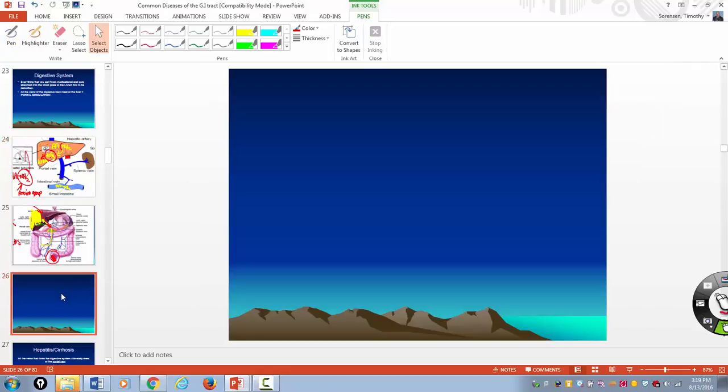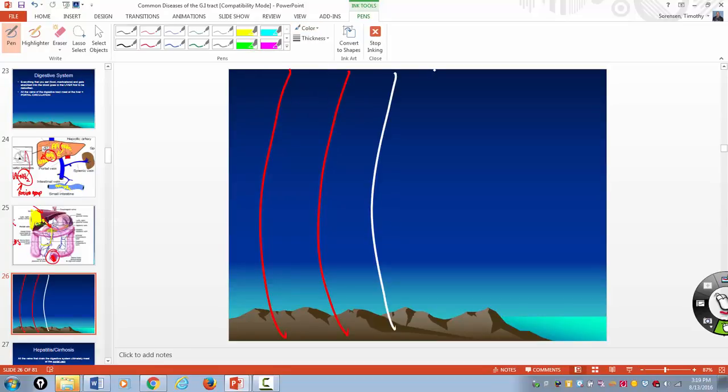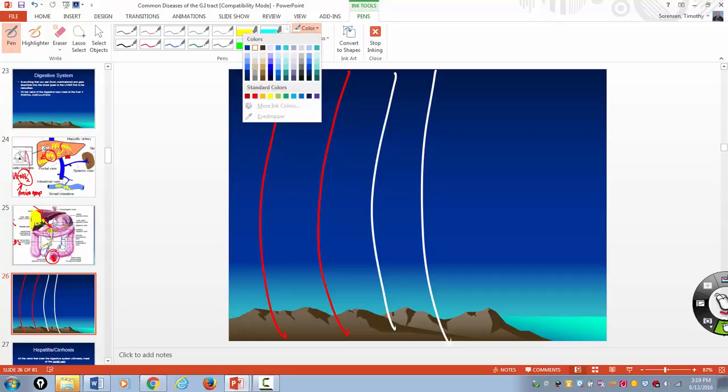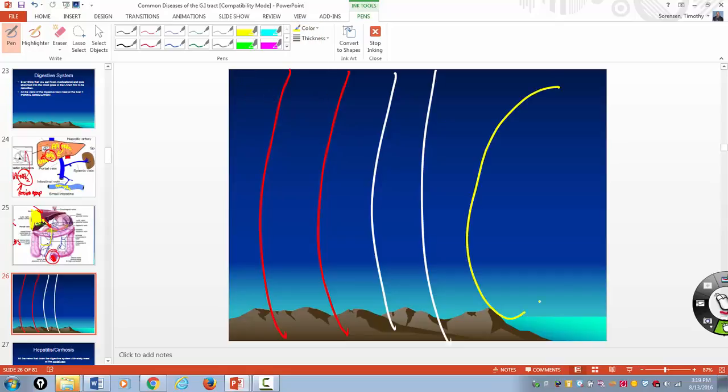Now, this is the other way that people with liver failure die. Remember that you have the blood, and then you have the cerebral spinal fluid, and then you have the brain. So this is a brain cell.